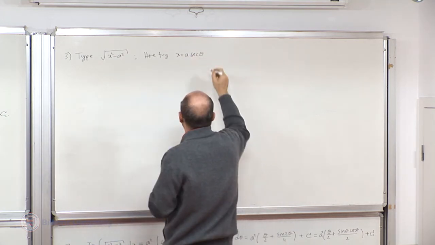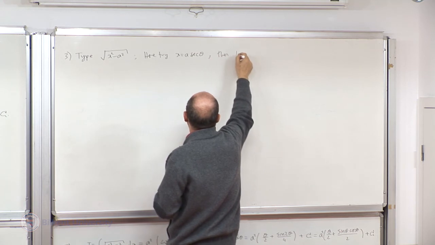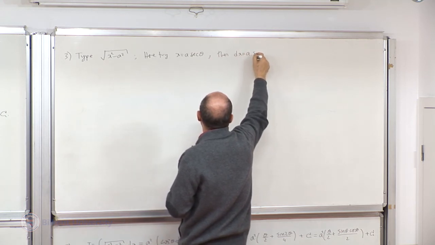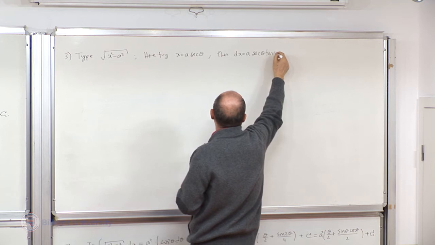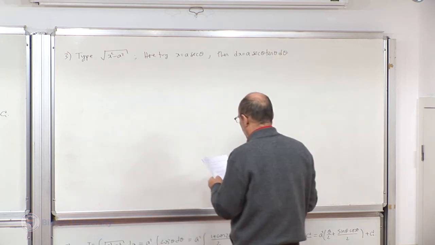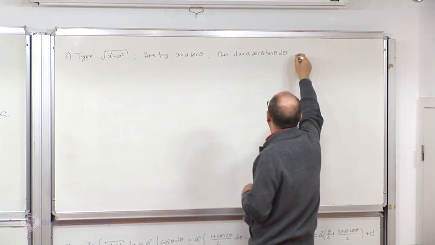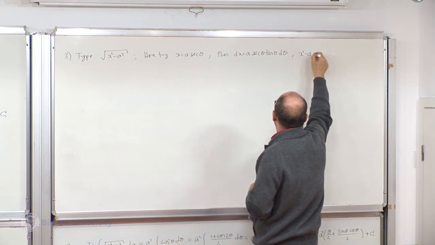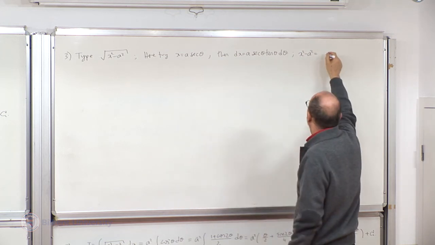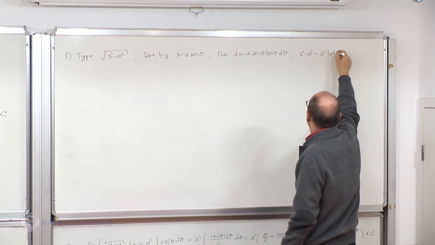Then dx is a times secant theta tangent theta d theta, and x square minus a square becomes a square tangent square theta.